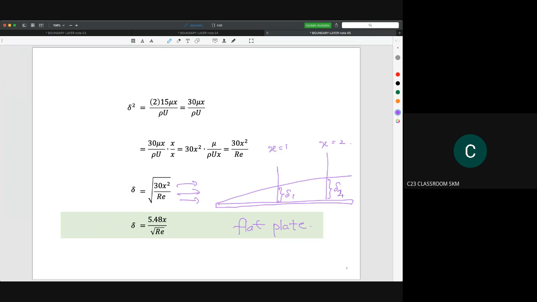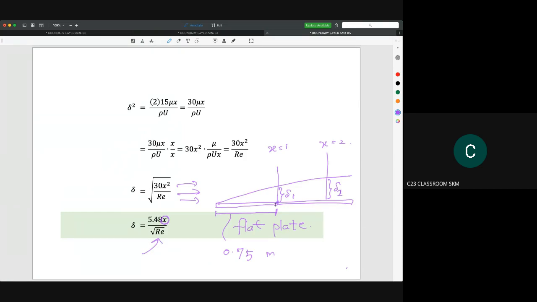How to use that? It's very simple. You just substitute the value x here with the distance. What is the distance here? Let's say this is 0.75 meter. So you substitute x with 0.75 meters, and then you need to substitute the value of the Reynolds number at the same location.